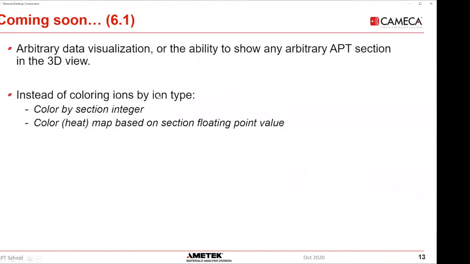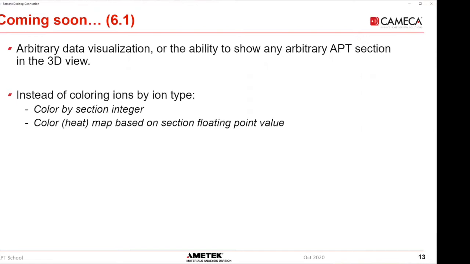Also coming soon, and I don't have any pictures, unfortunately, but I think this is one of the coolest features: when you have these arbitrary columns of data in your APT file, we'll be able to visualize those, even if it's a column we're not aware of.